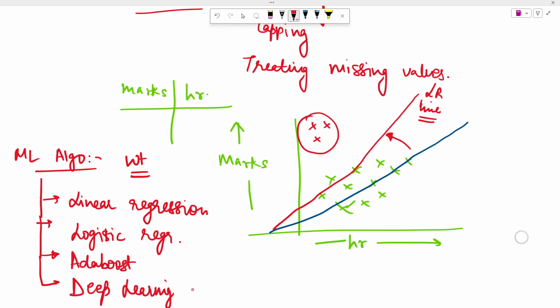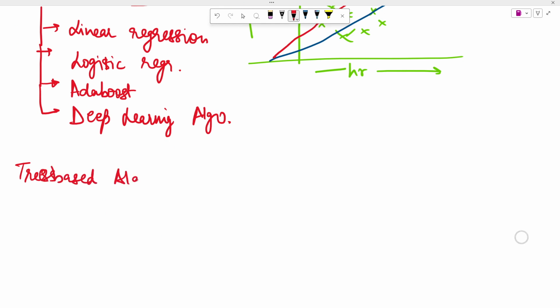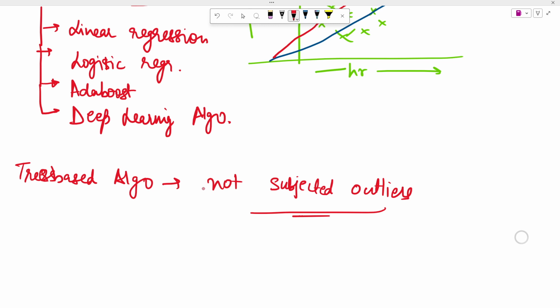All these algorithms are subjected to outliers, right? There are some tree-based algorithms like decision trees and random forest. These are not subjected to outliers, right? So you don't need outlier treatment for these, but all the algorithms where we have weight-based calculations would be impacted by outliers.